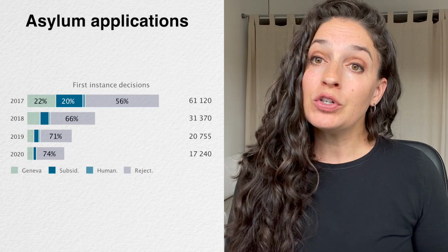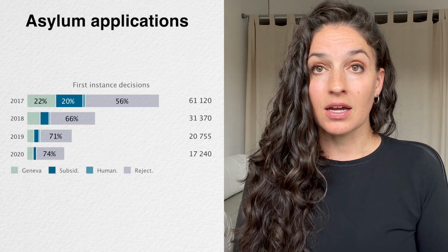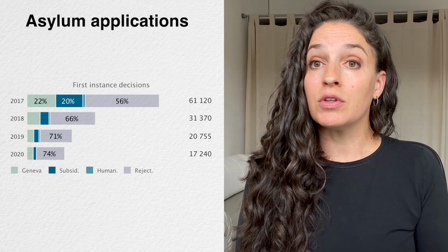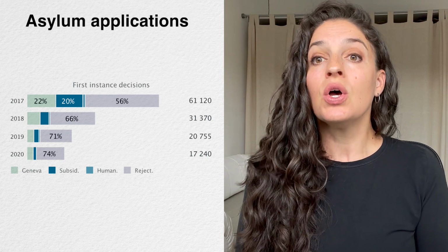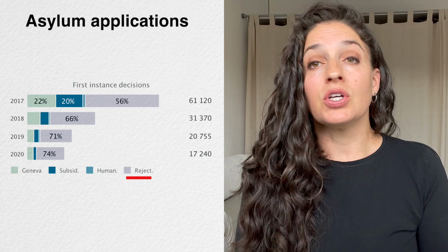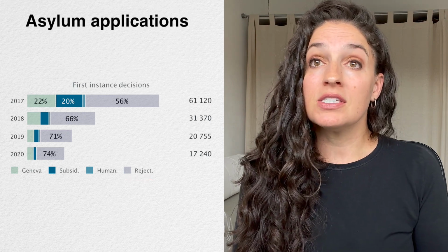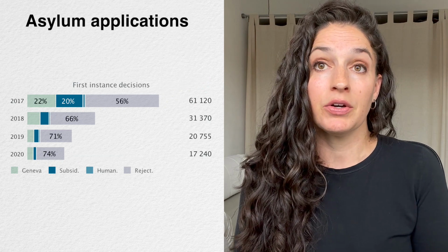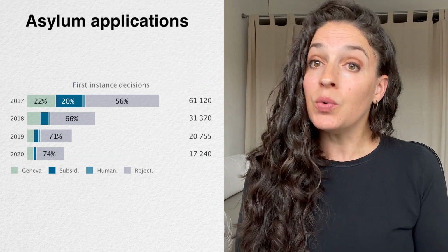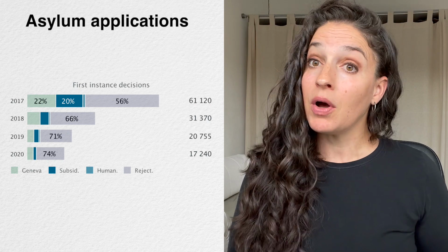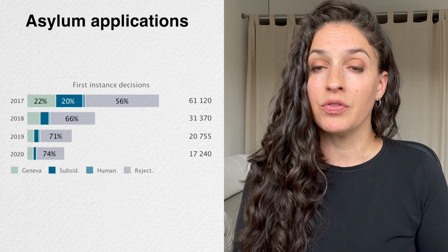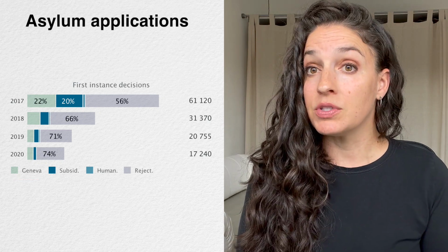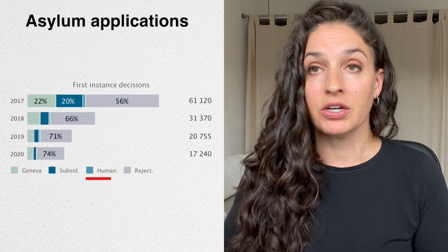Now, if we look at first instance decisions on asylum applications, you can see that actually a large percentage of the first instance decisions were rejected. So anywhere from 74% to 56% over this same time period. And those people that were able to receive a positive first instance decision, this was on grounds of the Geneva Convention or some other kind of subsidiary protection or humanitarian grounds.